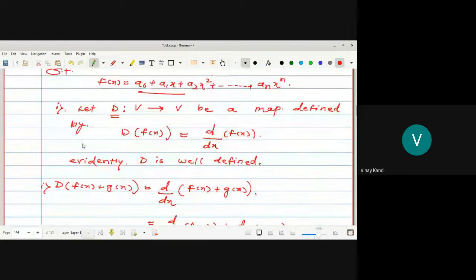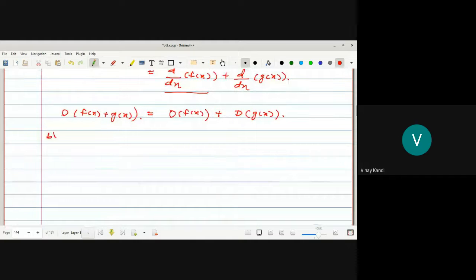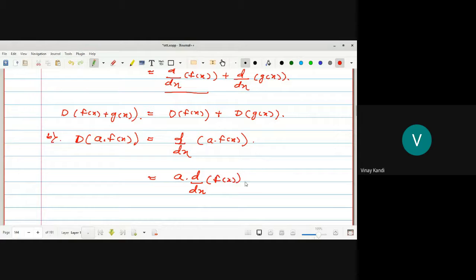The second condition for the linear transformation is D of a into f of x, that is, a into u. Here u is a polynomial. So it is equal to d by dx of a into f of x. If you find the derivative of this, the constant term comes outside, so this is a into d by dx of f of x, which is equal to a into D of f of x.